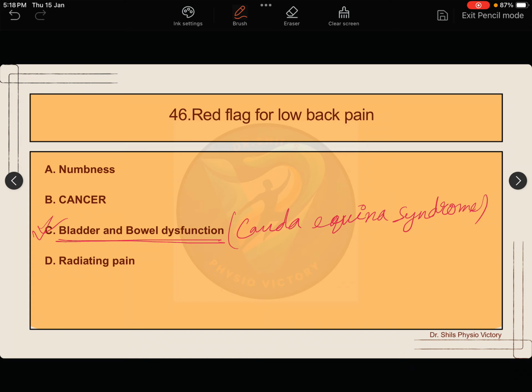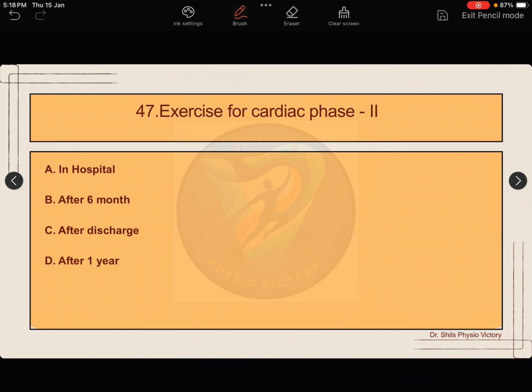Next, come to question number 47. Exercise for cardiac phase 2. Option A, in hospital. Option B, after 6 months. Option C, after discharge. Option D, after 1 year. Here the correct answer is option C, after discharge.